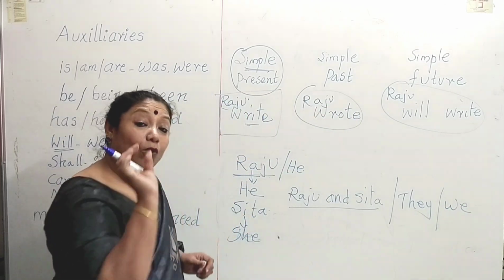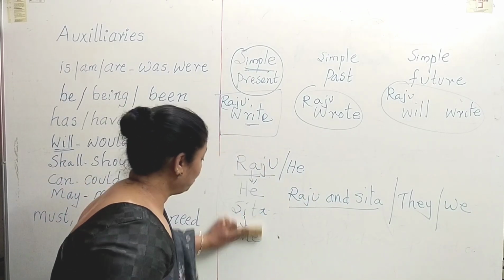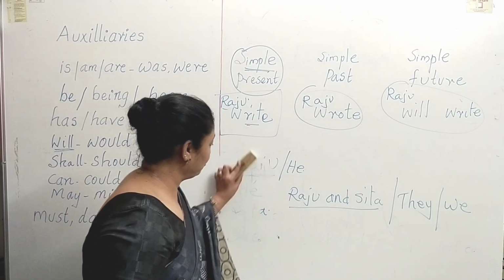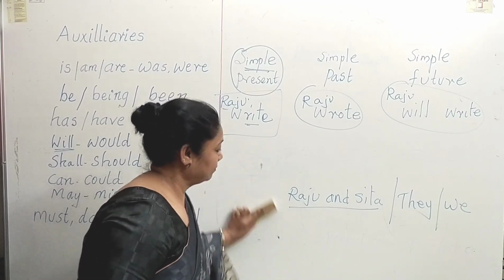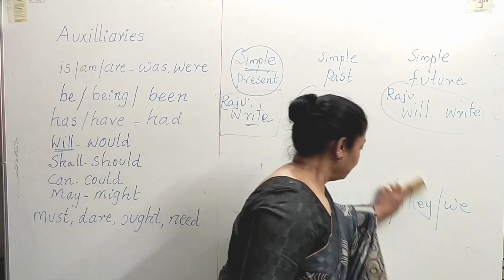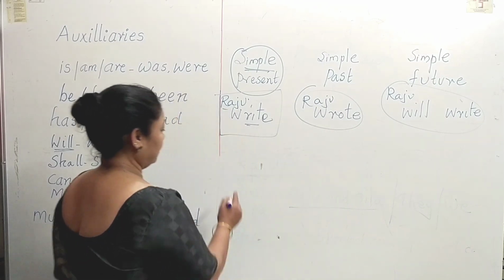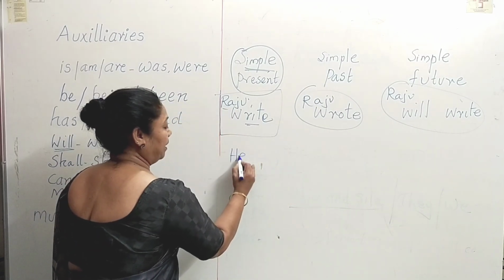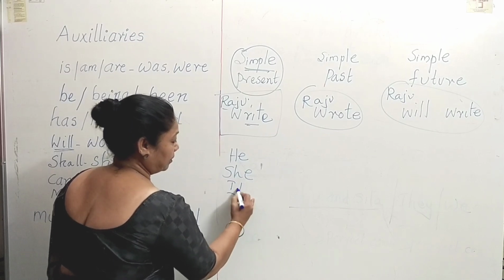Now, singular subject person, I take my board and my duster to make the board a little cleaner. I'll rub it. Sorry for holding you. Singular subject person: he, she, it.